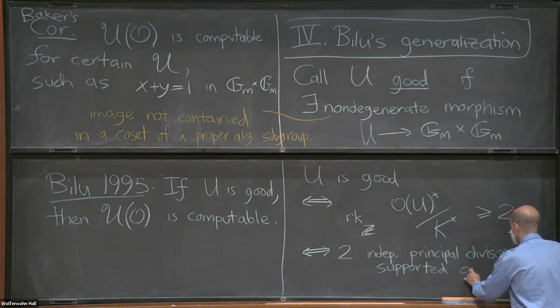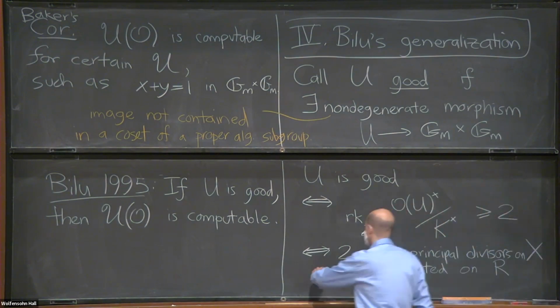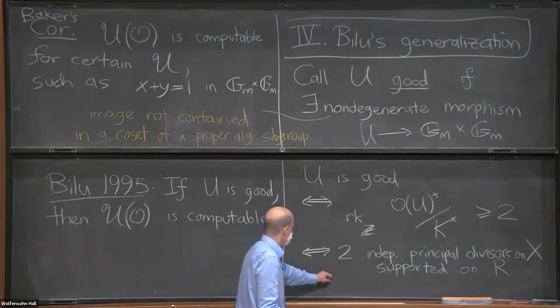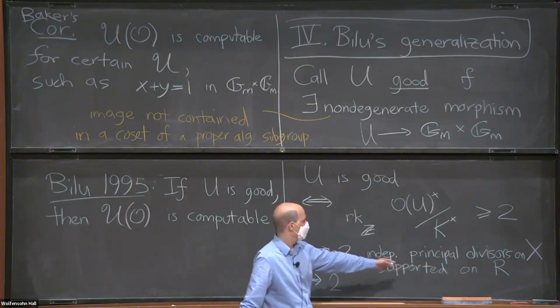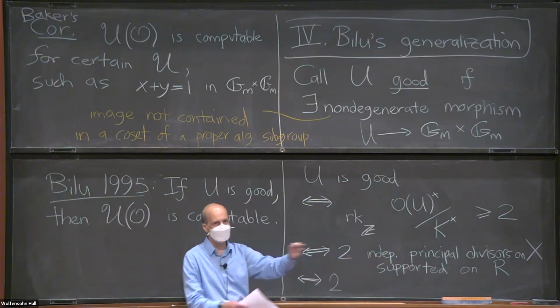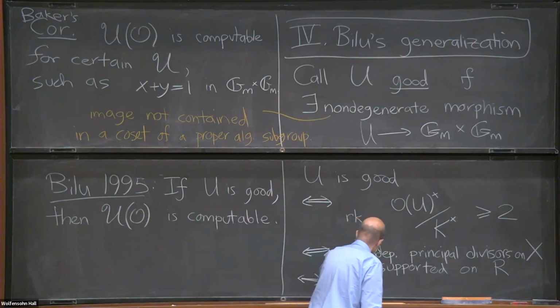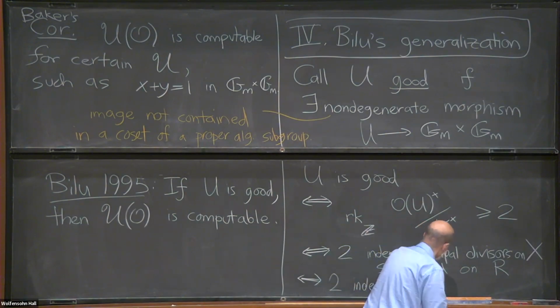So they should be supported on the finite set of punctures. And you can also restate this: to say that a given combination of points in R is principal is the same as saying they add up to 0 in the Picard group. So you can also rephrase as saying that you want 2 independent relations between the points of R.